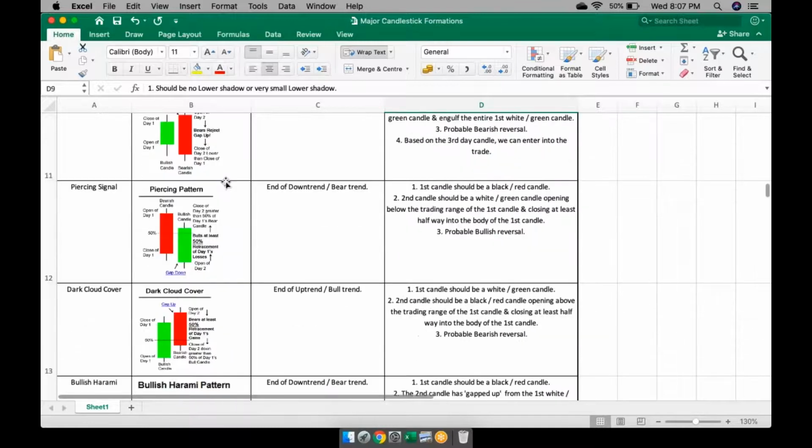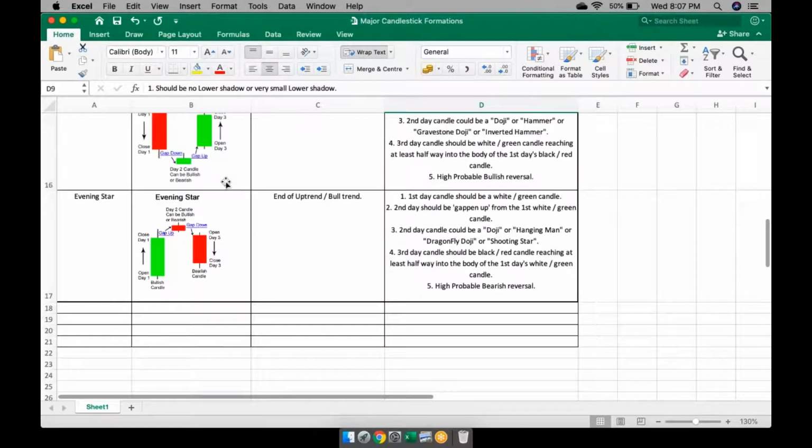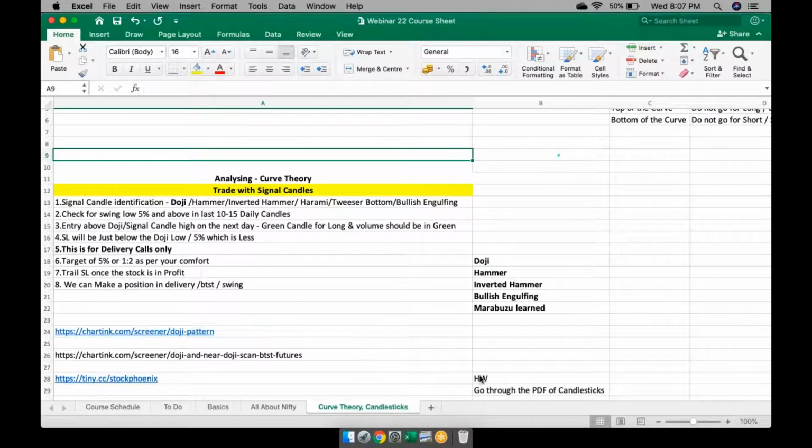Till you learn, keep this sheet always with you. After the class, I'll post it to you. So you can discuss in groups. Okay. So let's start with the candlestick patterns.